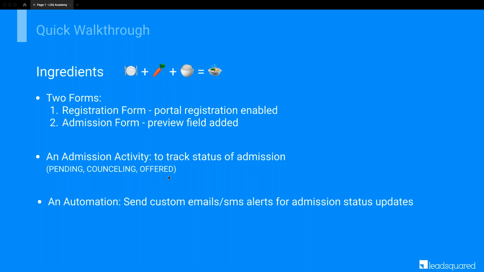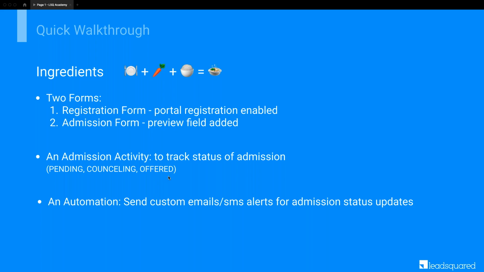We need an activity to track the status of what the user is performing, correct? And finally, we'll have to set up an automation. For users who are new to LeadSquared, an automation is something like a workflow that you can build, and that workflow can be triggered from different activities a lead performs.